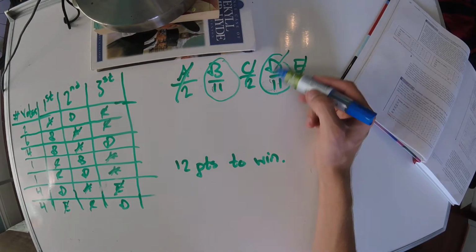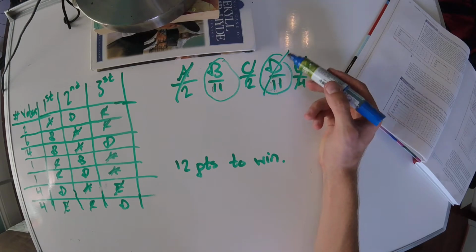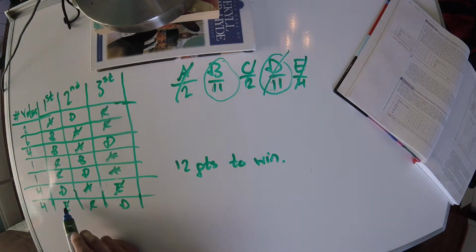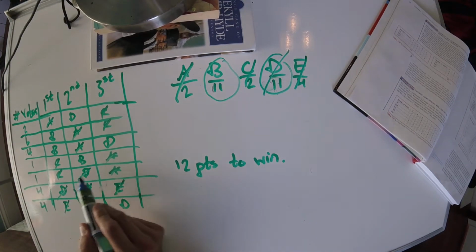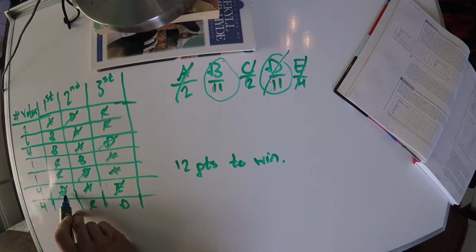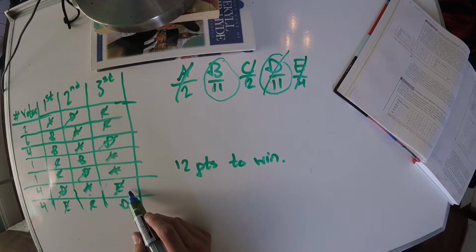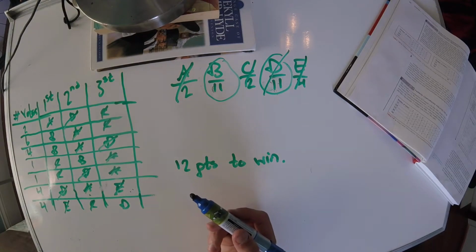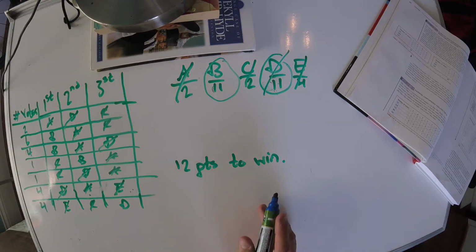If we were to eliminate D, which we shouldn't do because they're tied, but let's pretend that one of them is lower than the other, we would cross out all of the D's, and then we would try to reassign these D votes to the next one, but because A is eliminated and E is eliminated, these points would just disappear. So we would not give these votes to anybody. And then we would declare B the winner. So that's what we do in that case.